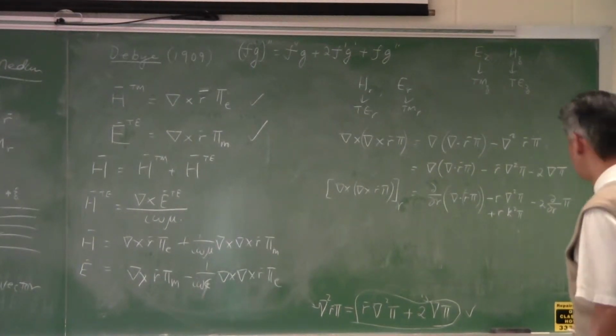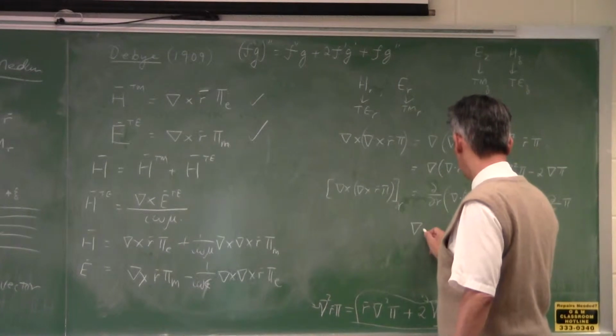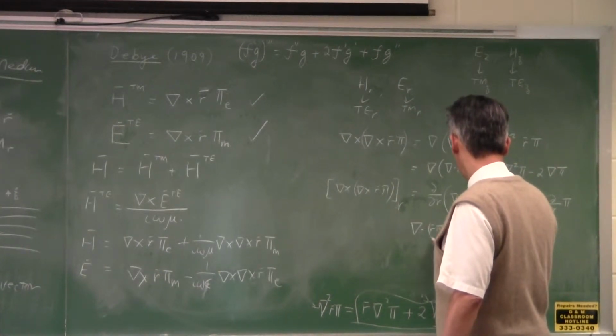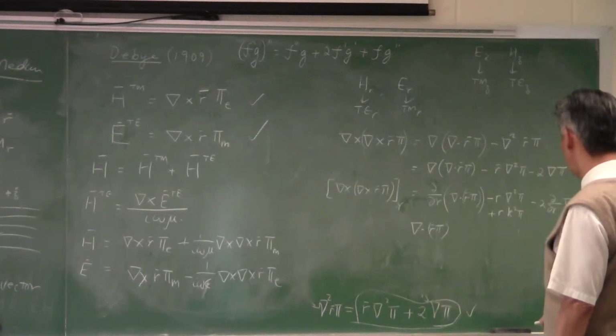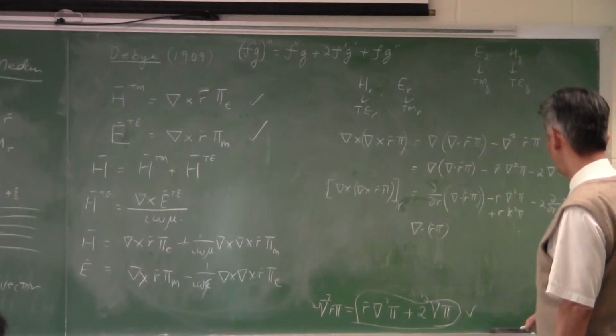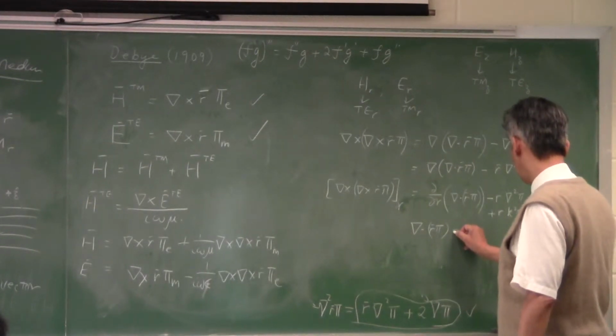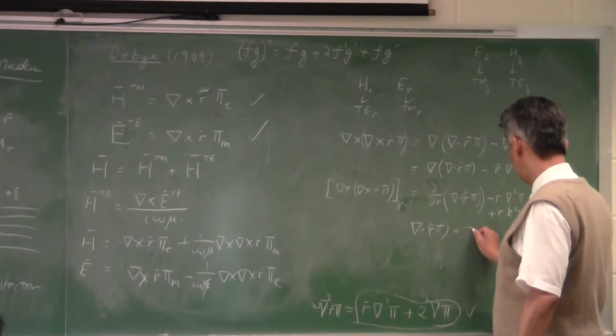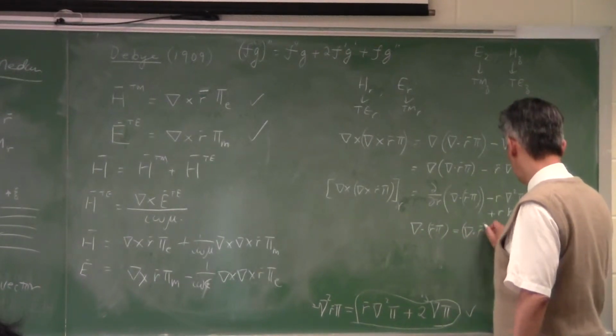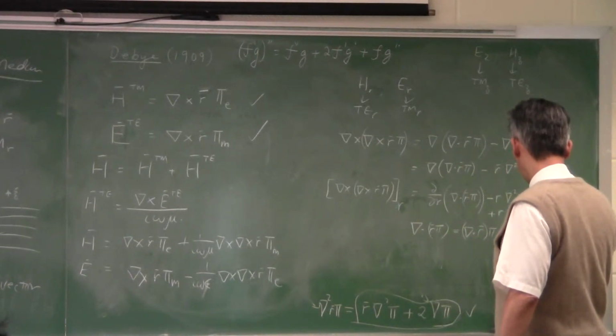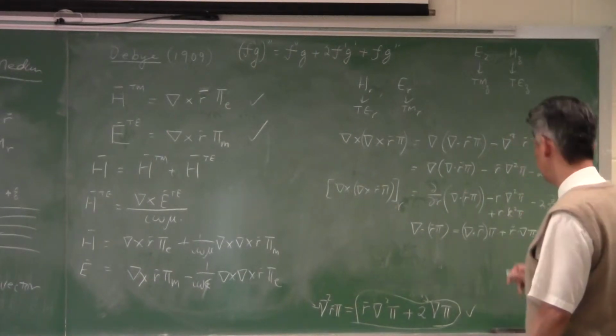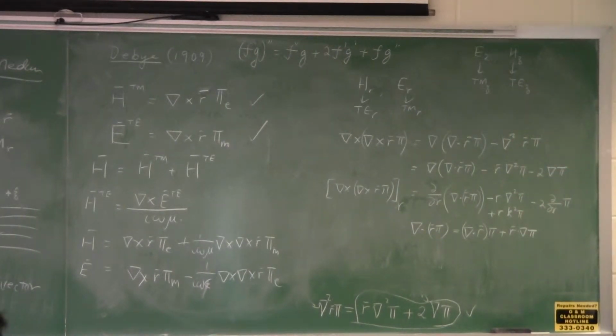Let me see. That will give me something like divergence of r times pi plus r gradient of pi, using the chain rule, right? What is divergence of r? 1, 2, 3.